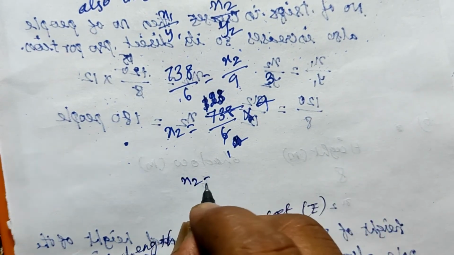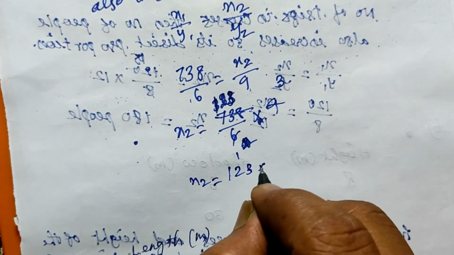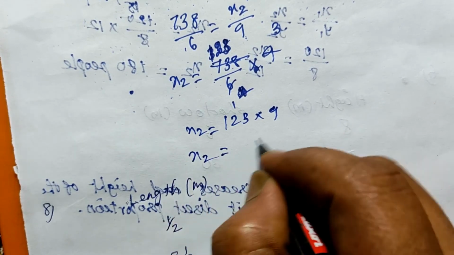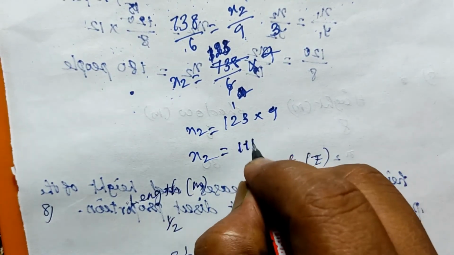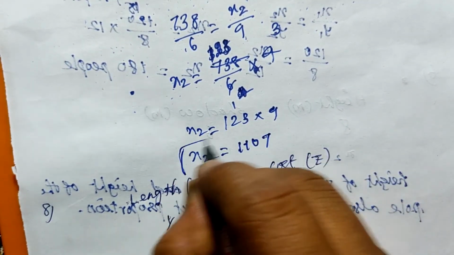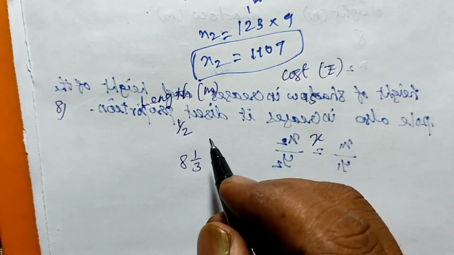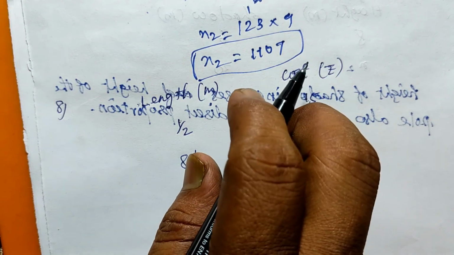So x2 equal to 123 into 9. How much? x2 equal to 1107. So it is the answer. Right. Next. What is the next sum?